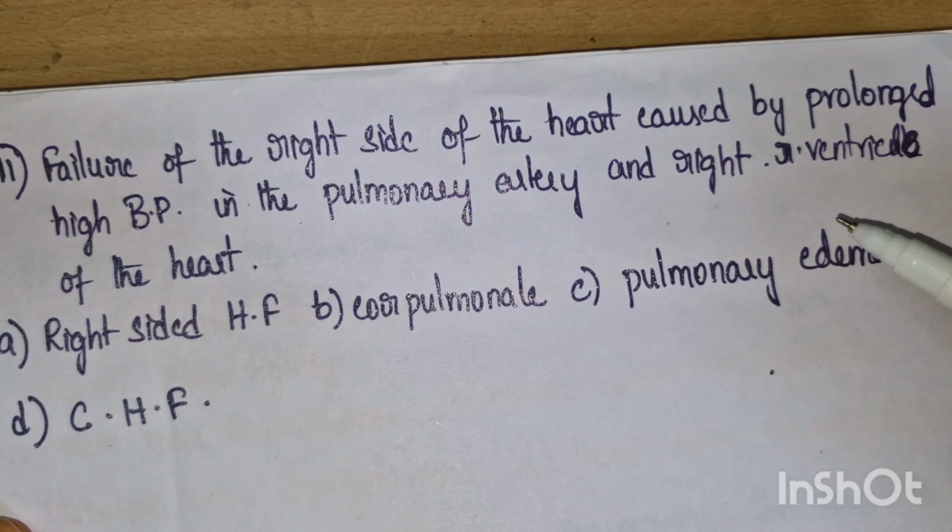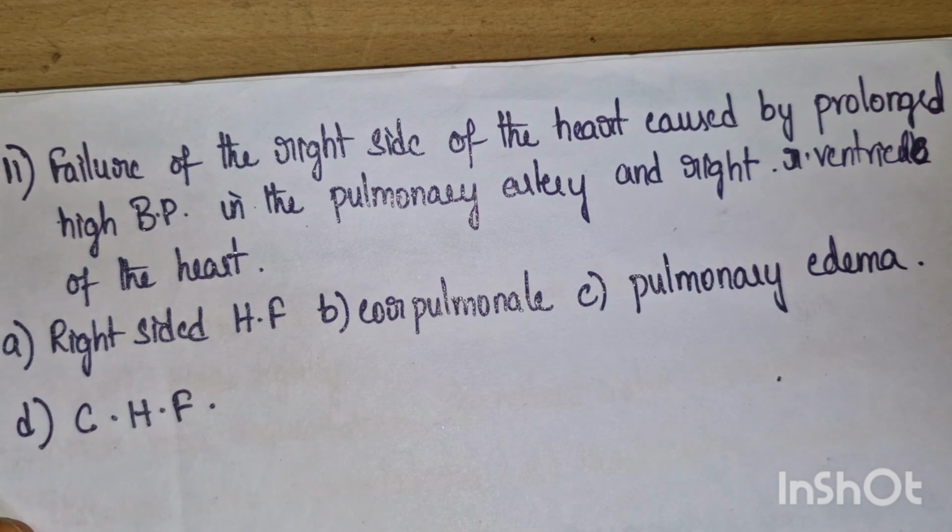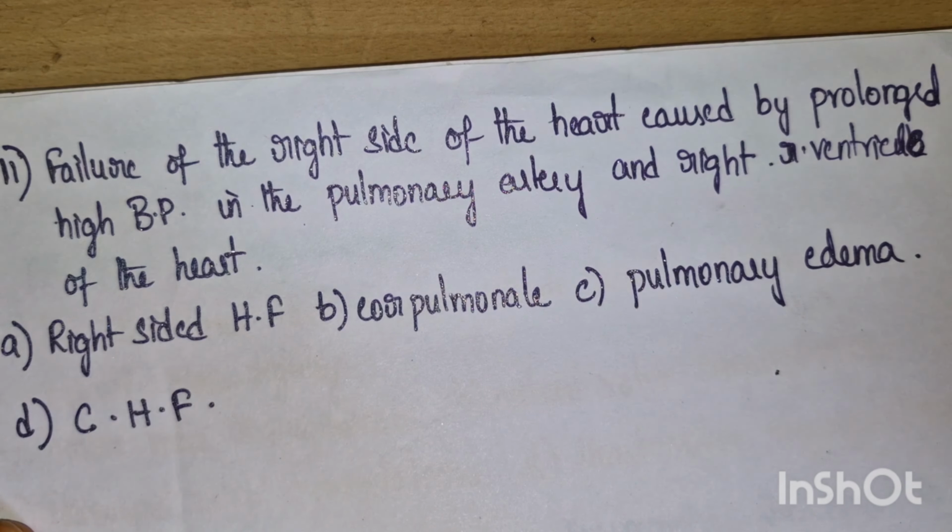So the next point is: failure of the right side of the heart caused by the prolonged high blood pressure in the pulmonary artery and right ventricle of the heart. What does that cause? So failure of the right side of the heart caused by the prolonged high blood pressure in the pulmonary artery and right ventricle of the heart is called what?